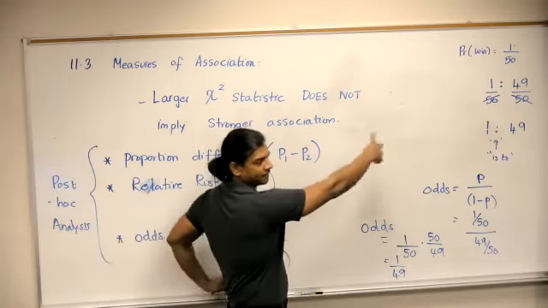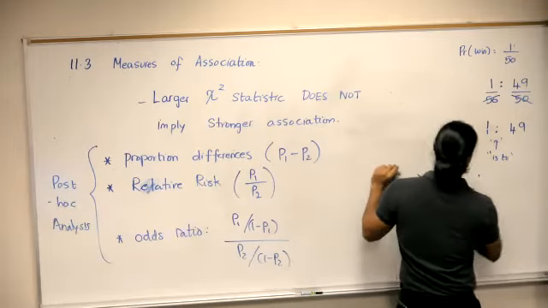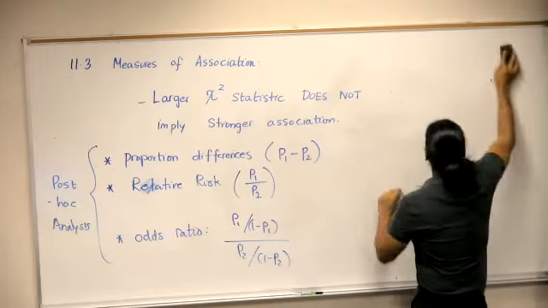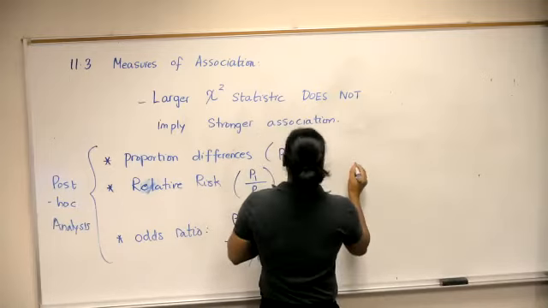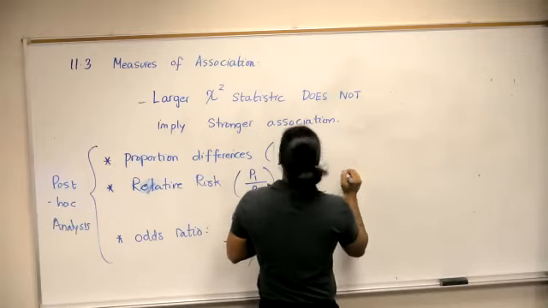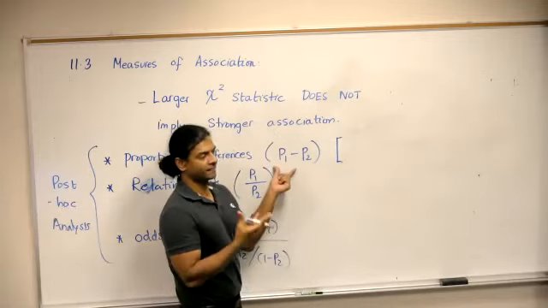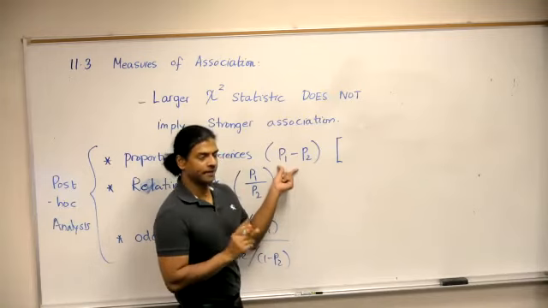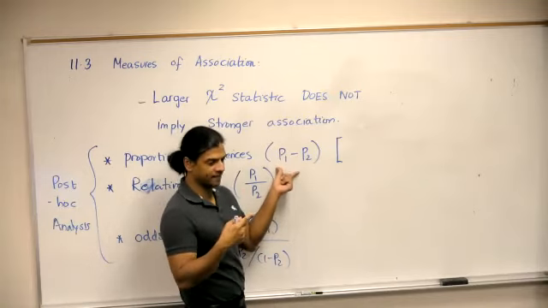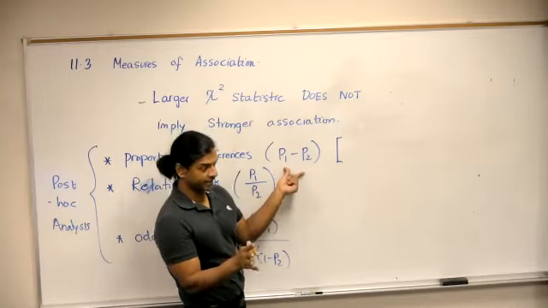Difference in proportions. If both of them are the same, that wouldn't make any sense, because if the proportions were the same, the test for independence would not have rejected the null.